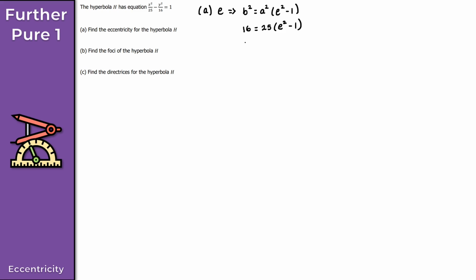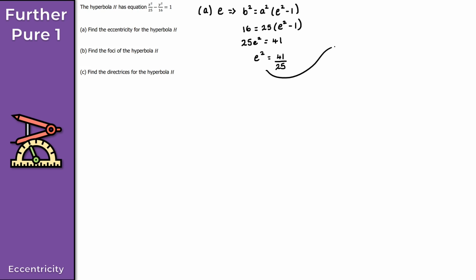Okay, so it's up to you how you go about solving this, whether you just divide through by 25 straight away, or you expand here, it's completely up to you. So if I was to expand, I get 25 e squared minus 25. So let's just add 25 to both sides here. So we get 25 e squared is equal to 16 plus 25, so that's 41. Then let's divide both sides by 25 here, so we get e squared is equal to 41 over 25.